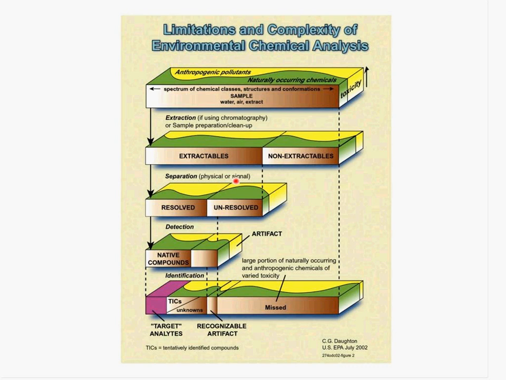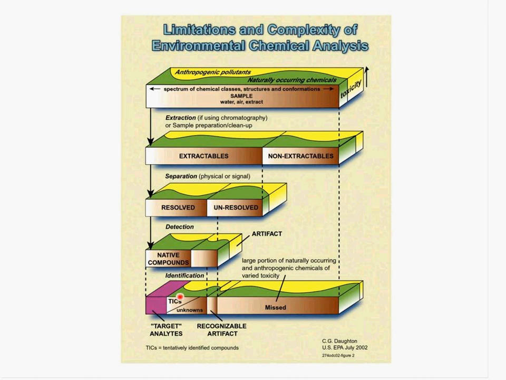Secondly, you may not even be able to separate that chemical from the other chemicals you have in that mix. And even if you can separate it, you may not even be able to detect it. It might have a chromophore, or it might have something that allows you to use the detection methods that we have available. So if you get down here at the bottom, you can see that target analytes are a very, very small percentage of those known compounds.